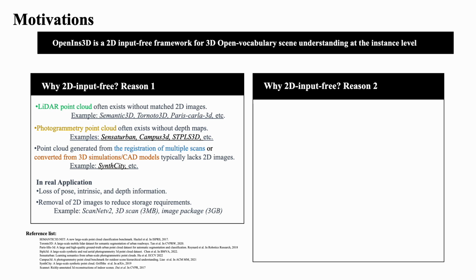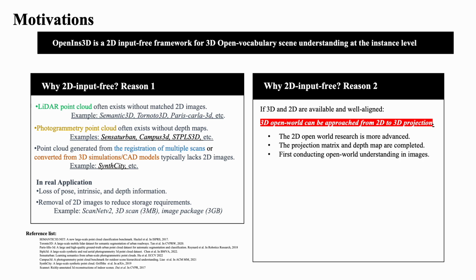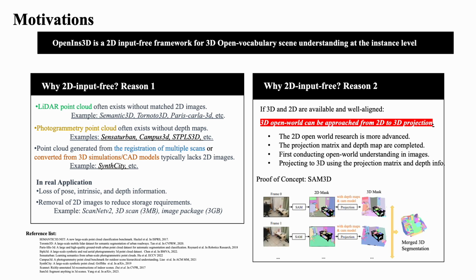The second reason is that, we argue, if well-aligned 2D data is available, it is much easier to approach 3D open-world understanding from a 2D understanding plus 3D projection approach. Since 2D open-world perception is more advanced and the complete projection matrix and depth information are available, we can first conduct open-world understanding in images and then project the result directly to 3D using the projection matrix and depth information.